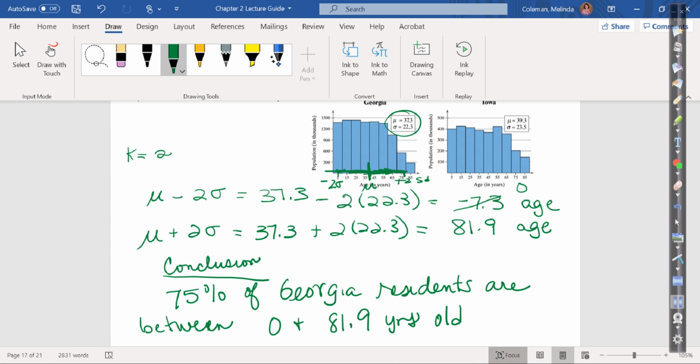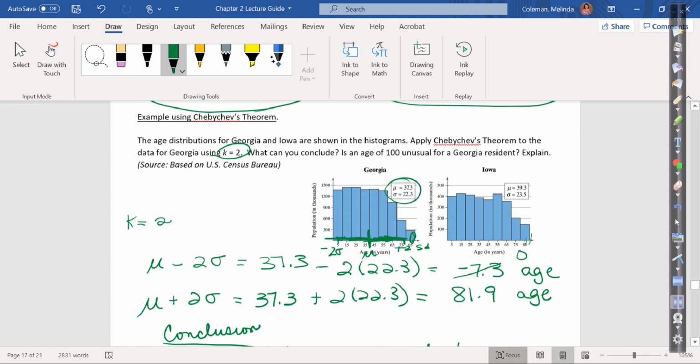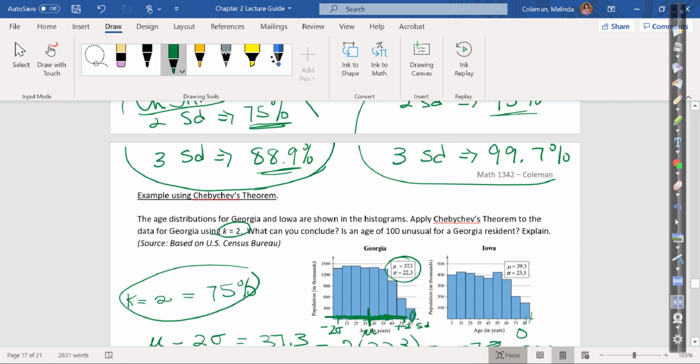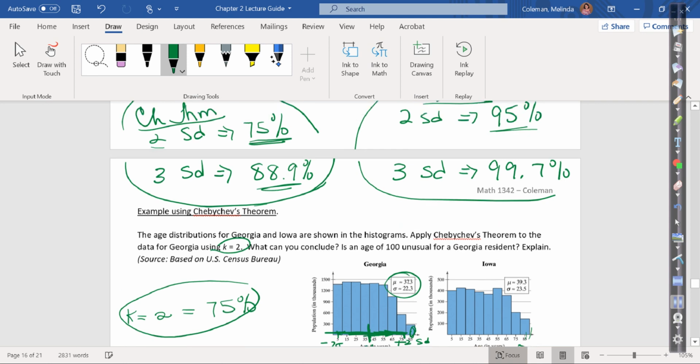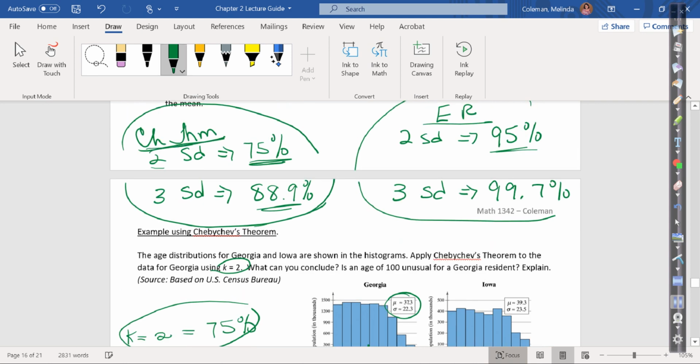So anybody outside this range would be outside the 75%. And it's 75% because at k equals 2, we do have 75%. And that's based on this theorem right here. 2 standard deviations for Chebyshev's theorem is 75%.